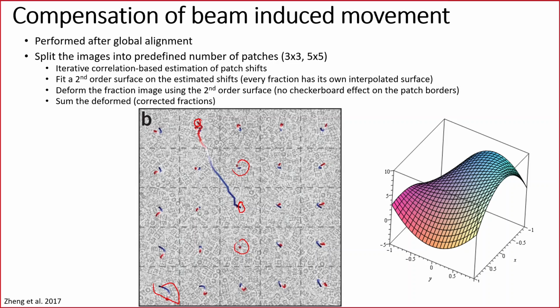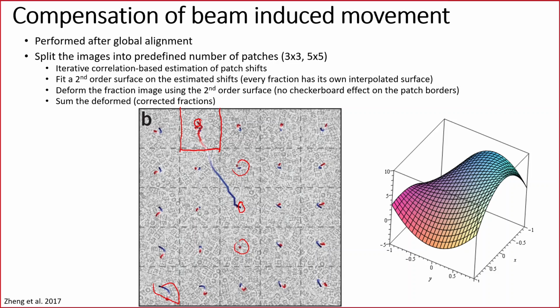Yet this would lead to a kind of checkerboard effect, where on the borders we would see some discontinuities between these patches because these patches are moving independently. Instead of that, what we are doing is that we are fitting a second order surface on every single frame.